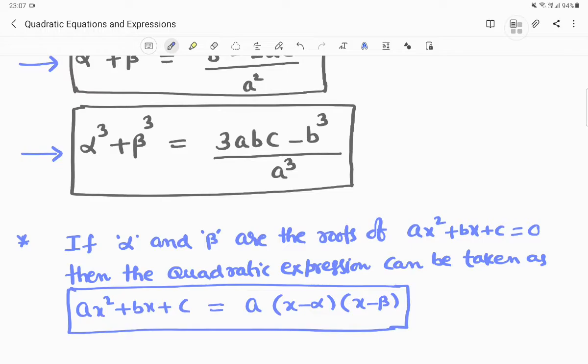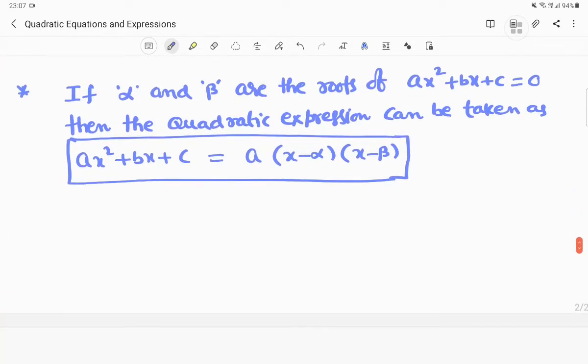And one more, if alpha and beta are the roots of the quadratic equation, we can write like this also.